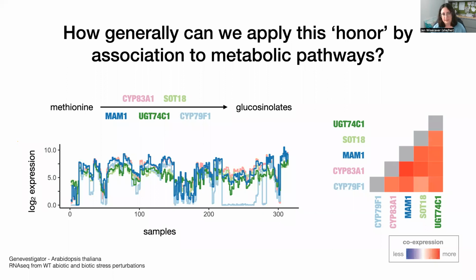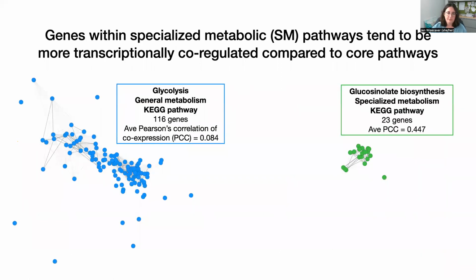Another way to look at this would be to zoom out to the entire pathways and look at them in terms of a co-expression network graph. Here the circles represent genes, and the stronger the co-expression between 2 gene pairs, the closer those 2 genes are going to be showing up in this network graph.